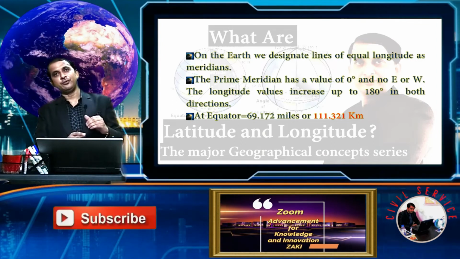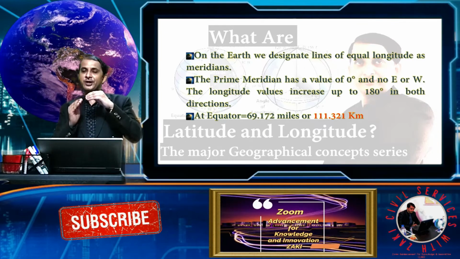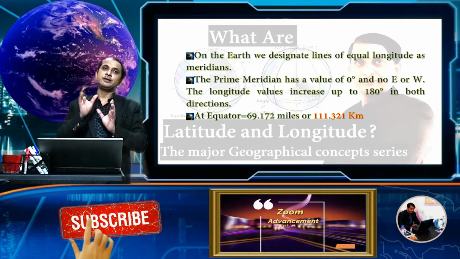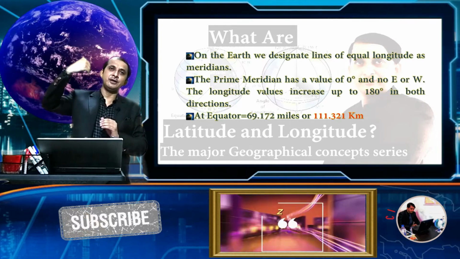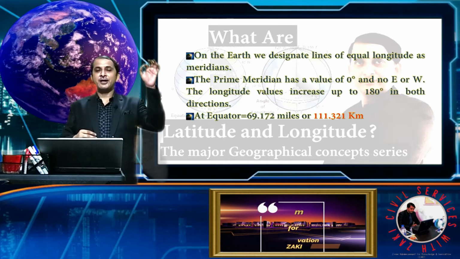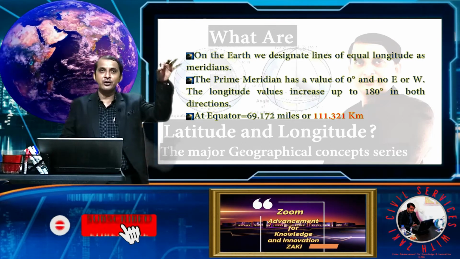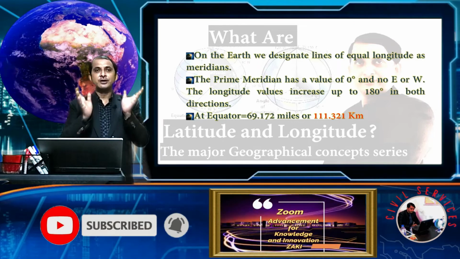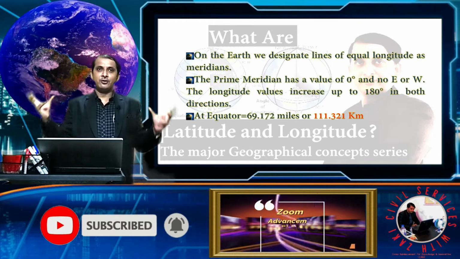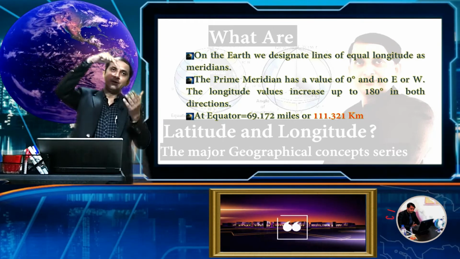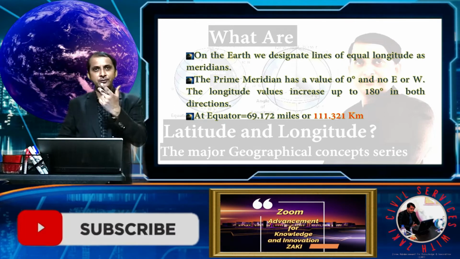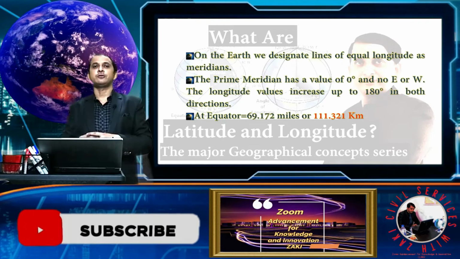It means if you go from the equator to the pole, it decreases greatly, and at the pole it is 0, because all longitudes point in one direction, the north pole or the south pole.